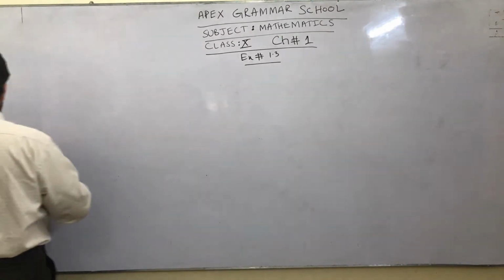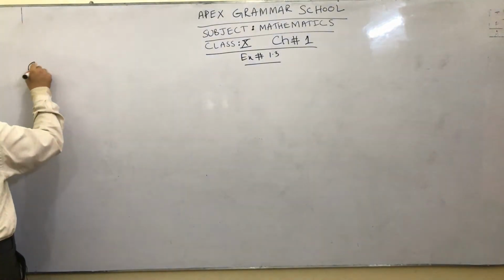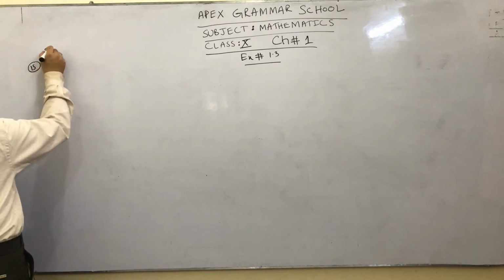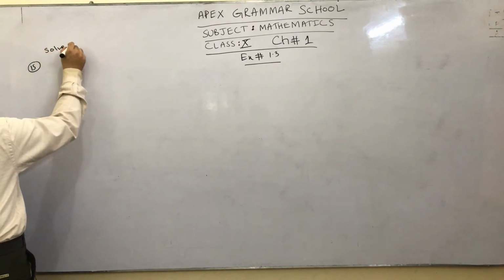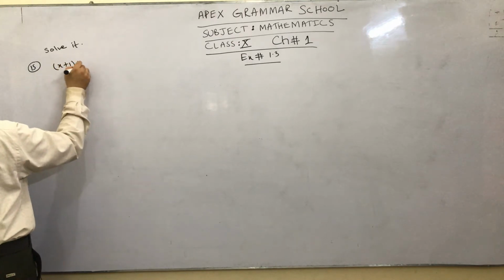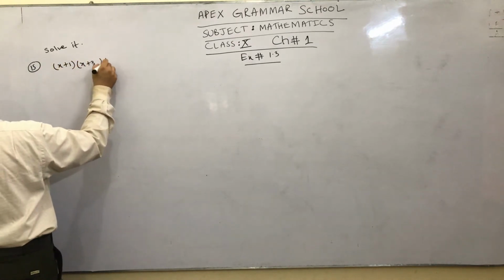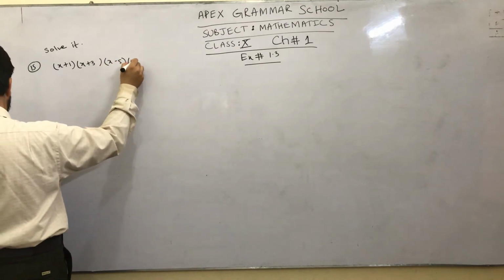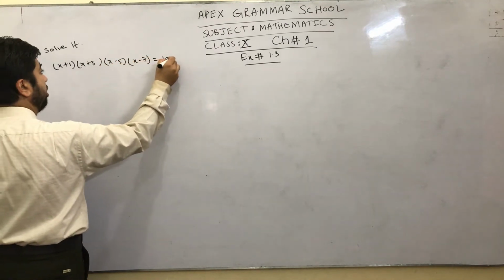We have already solved various types of equations, like (x+1)(x+3)(x-5)(x-7) = 192.